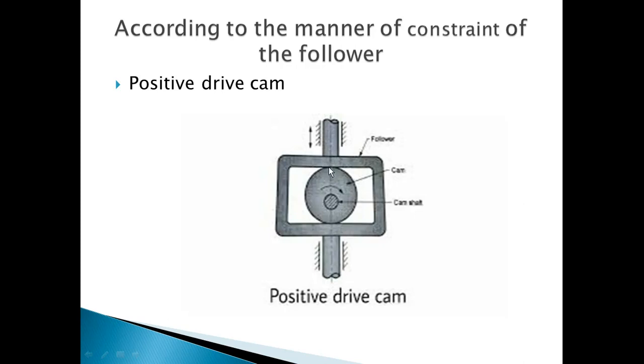In this case, you can see that in the rectangular bracket, the follower is nothing but the rectangle bracket. Inside that there is a cam provided, which is mounted offset from the cam axis. As this cam is rotating with a certain offset distance, it will force the follower to reciprocate along this y-axis, and because of that the output motion is achieved.